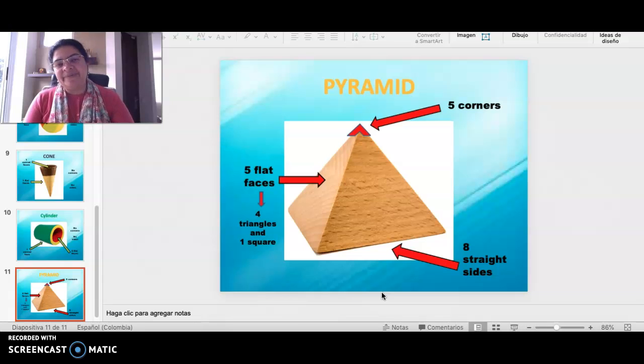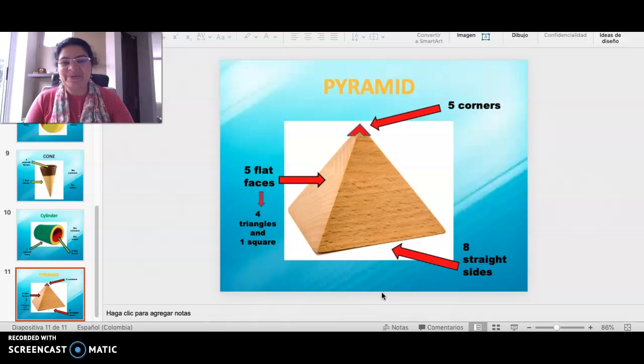So, as you know, you can also find many 3D shapes all around your homes, and you are going to write them. Okay. Now that you have already reviewed the 3D shapes, you can continue working in Seesaw. What are you going to do?